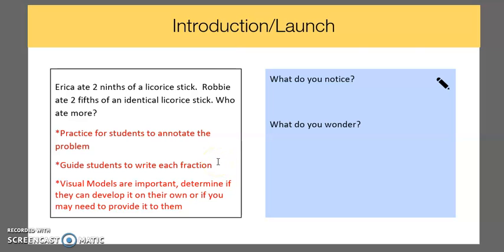If that might be difficult for them to do on their own, you can provide a model so that they don't struggle with this concept and can jump into answering the question. On the next slide, we're going to show a visual model, and I'm going to show you how you can use it to guide the discussion and learning.